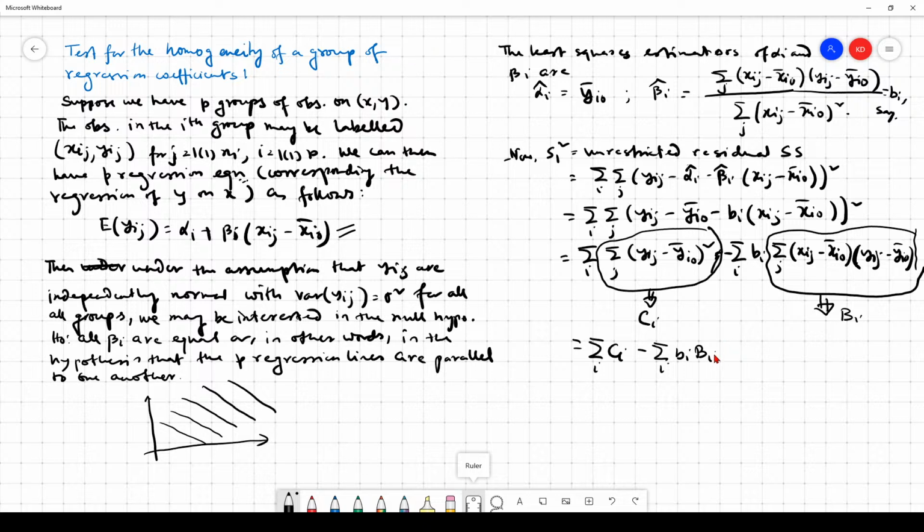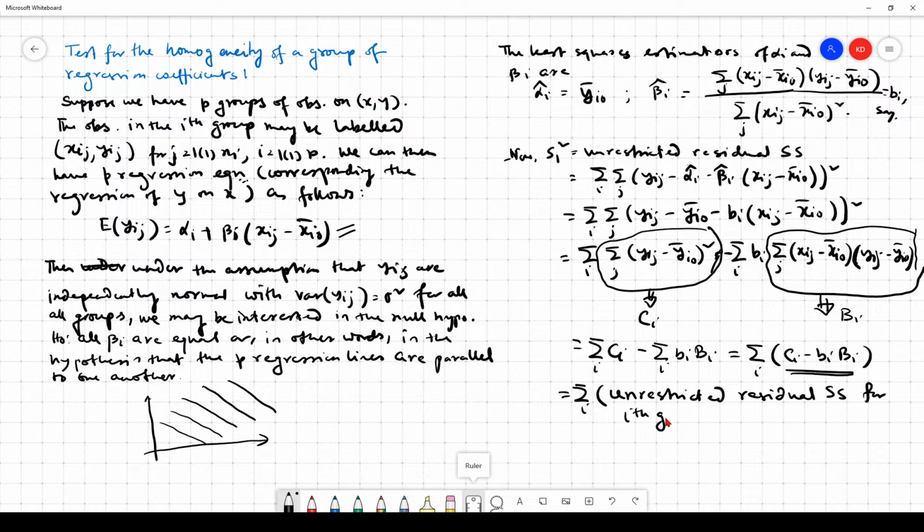Therefore this is equal to sum over i of Ci minus bi Bi, which is nothing but the unrestricted residual SS for the ith group. If you look at the expression, this is the unrestricted residual for the ith group.